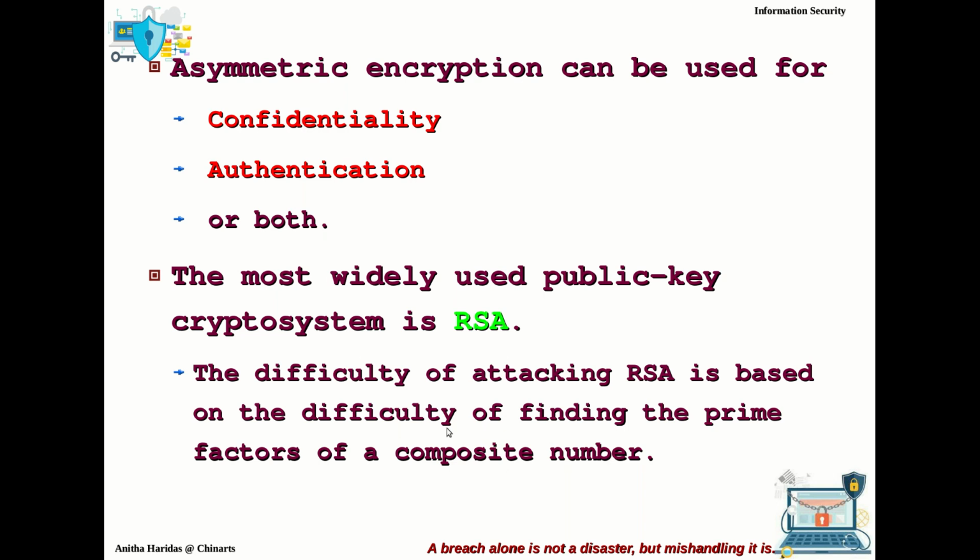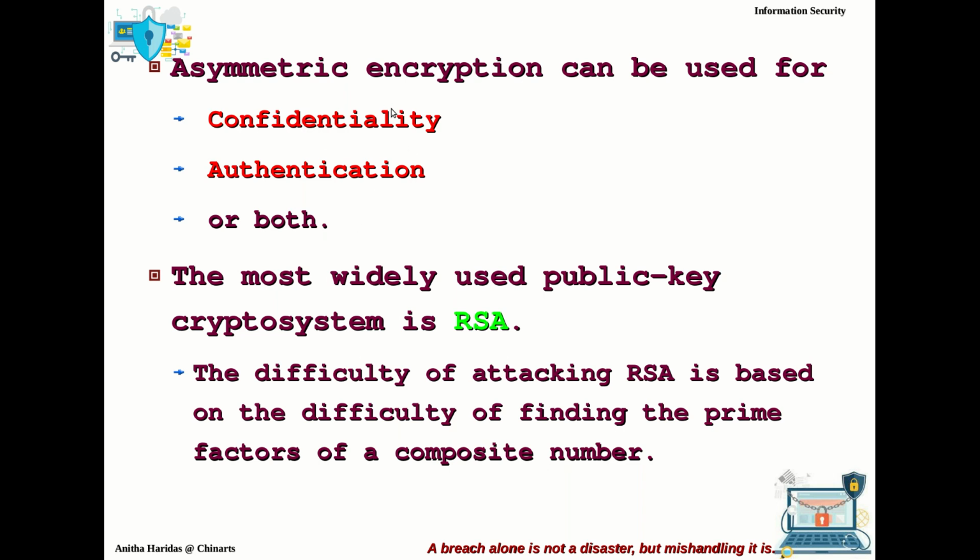If it is very difficult, then attacking RSA will also be very difficult. If the factors can be easily determined, then the RSA algorithm can be easily attacked. So the difficulty of attacking is completely based on how difficult it is to find the prime factors of a composite number. This is the point to be noted.